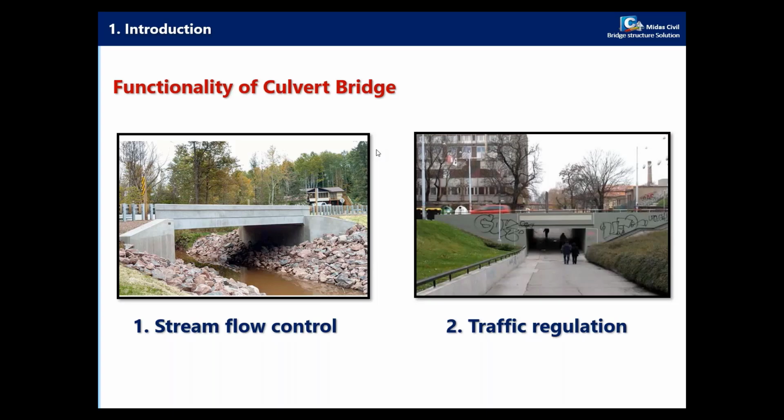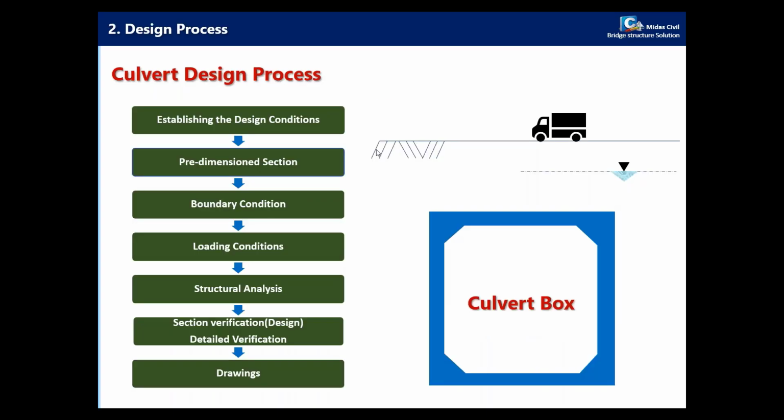I'm going to explain about the culvert design process. We are going to run through this process in order to make the design of the complete structure. The first step is to establish the design condition, and the second one is the pre-dimension.